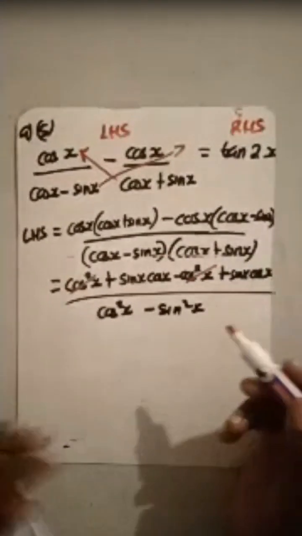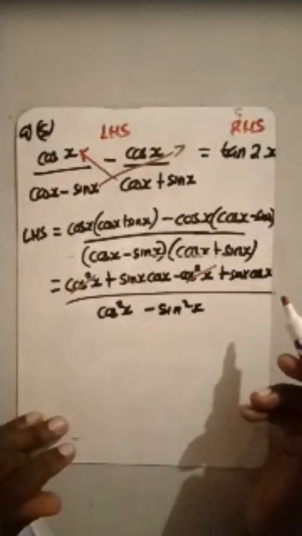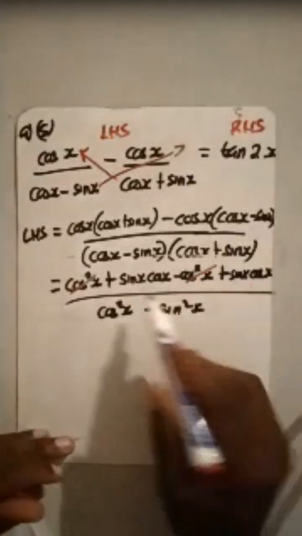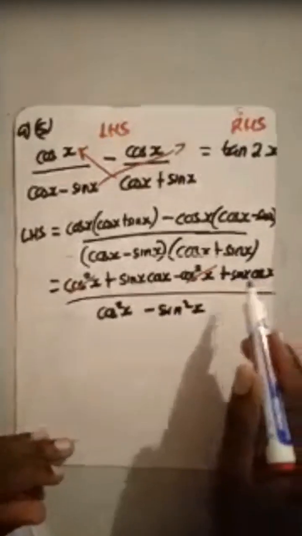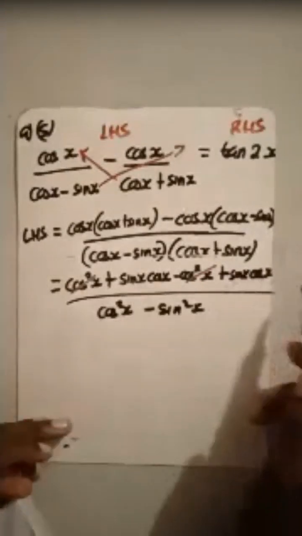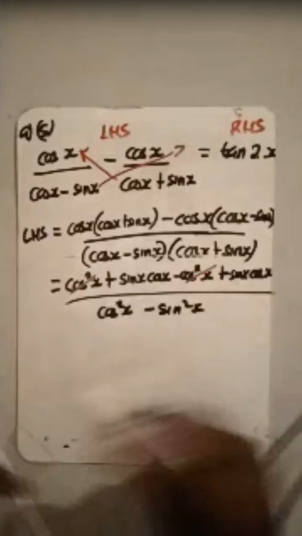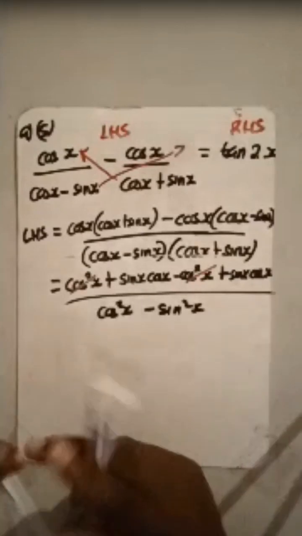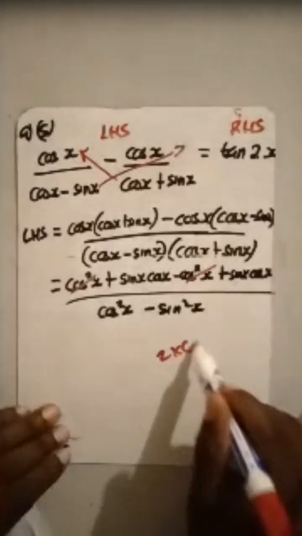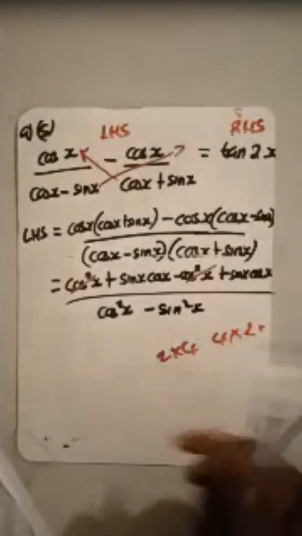So, better, when you are multiplying, start with sine x, then followed by cos x, always. So that at least it will be easier for you to see that these are like terms. Sometimes it will evade you if it is sine x cos x, then you have cos x sine x. But cos x sine x is the same as sine x cos x. That is what we call the commutative property of multiplication, where we say 2 times 4 is the same as 4 times 2. So it doesn't matter which one starts when you're multiplying.